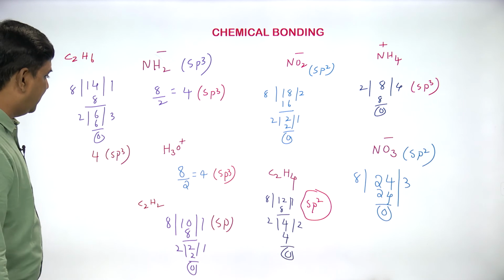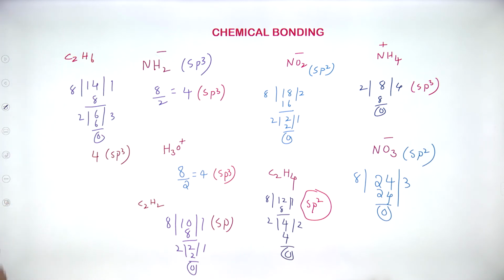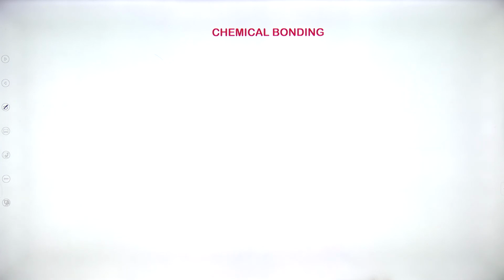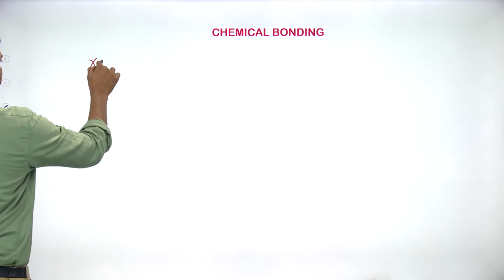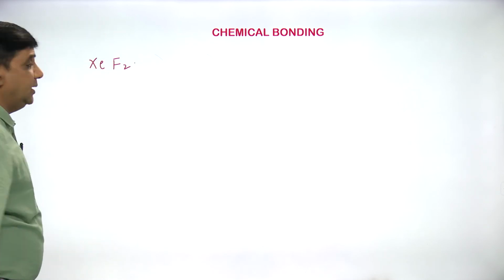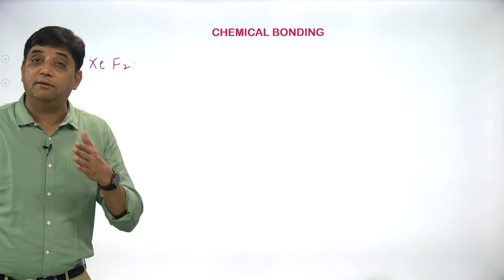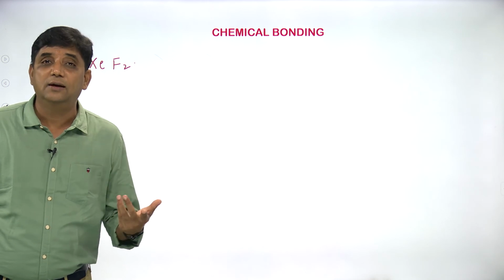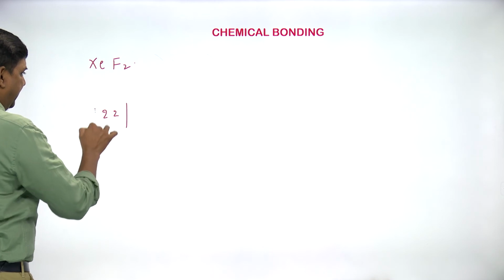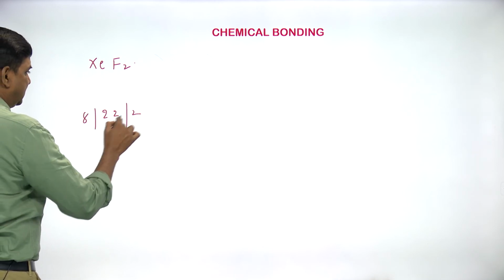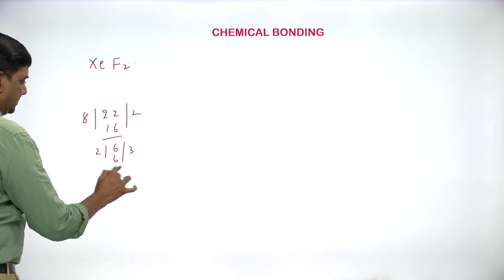And you can find out for xenon difluoride also. How do you find out xenon difluoride? Xenon contains 8 electrons in its valence shell. 2 fluorines, each fluorine 7. 7 plus 7, 14 plus 8. How much? 22. 22 should be divided with 8. 8 2s are 16. Then 6. 2 3s are 6. 0.